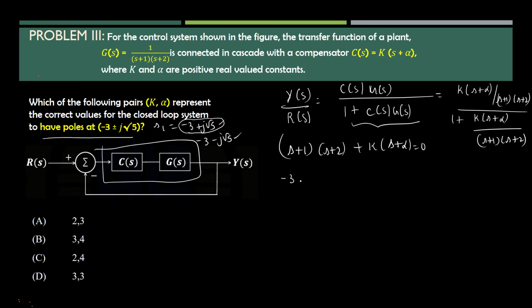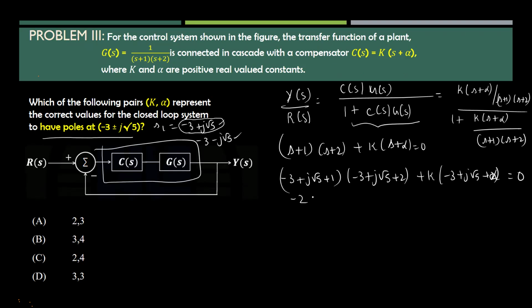So I am going to substitute minus 3 plus j root 5 plus 1, instead of s, and minus 3 plus j root 5 plus 2, plus k into minus 3 plus j root 5 plus alpha, equal to 0. Okay.